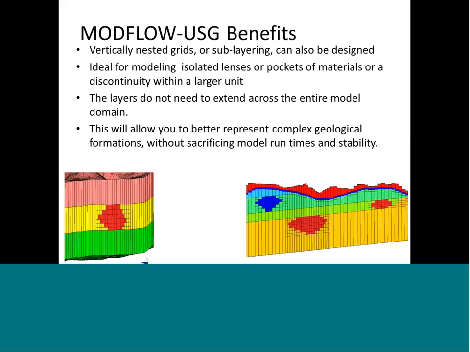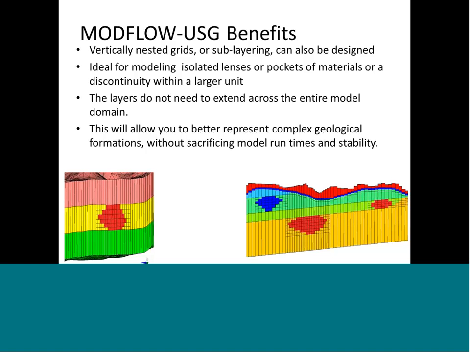MODFLOW-USG also allows you to have these vertically nested grids or sublayering within the grid geometry. This is ideal if you want to model isolated lenses or pockets of materials or a discontinuous formation within a larger unit. These layers do not need to extend across the entire model domain, so some examples of what these sublayering grid cells would look like are shown in the bottom of the screen.